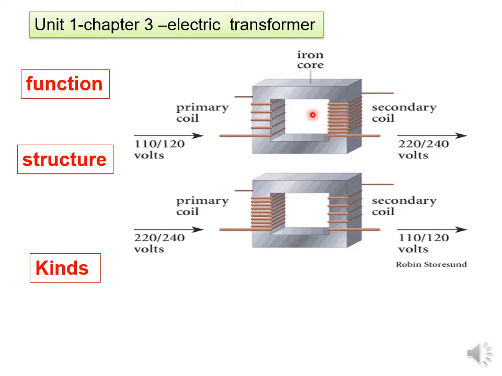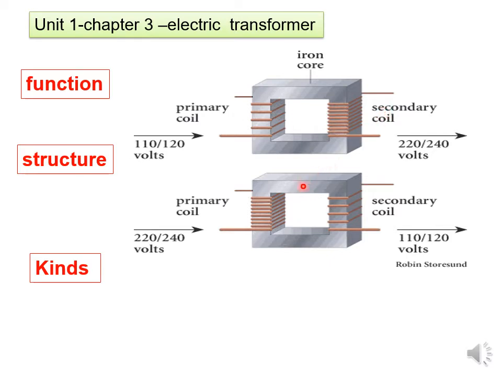So this type of transformer is called as step-up transformer because it increases the voltage from the source to the voltage delivered to the device. يبقى ده step-up transformer in which number of turns of primary coil less than number of turns of secondary coil and used to increase the induced EMF or alternating voltage delivered to the device.